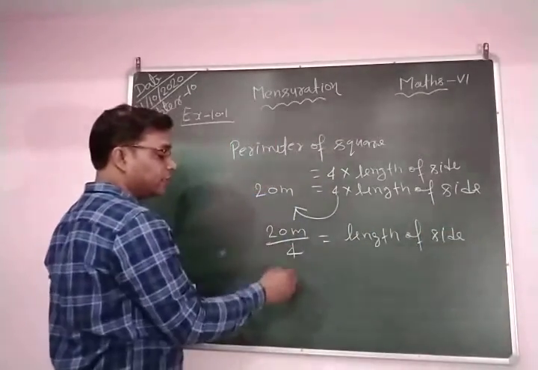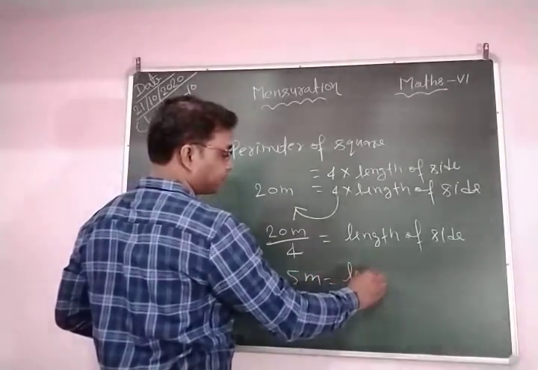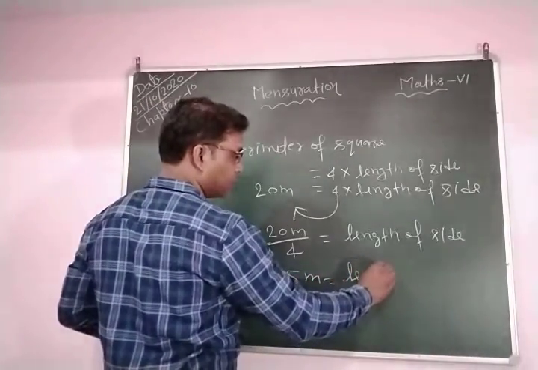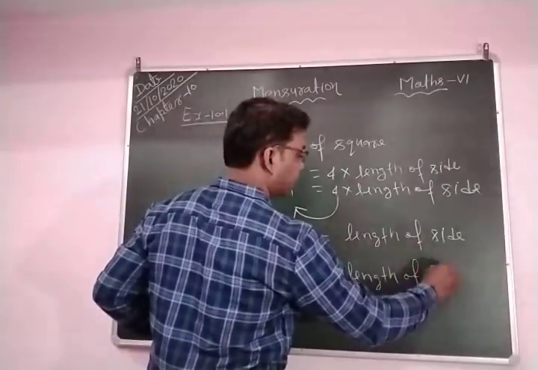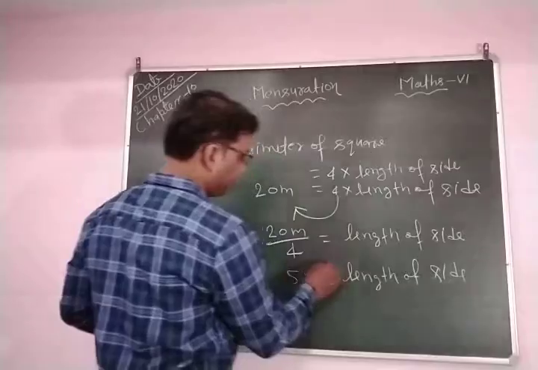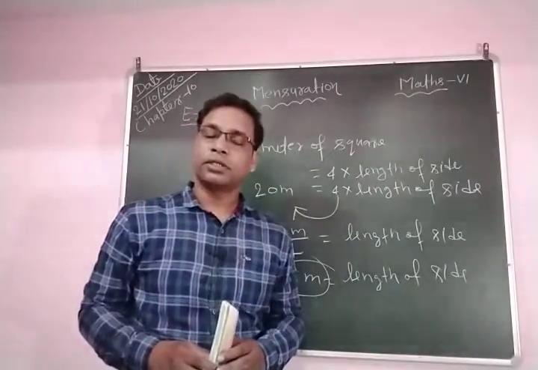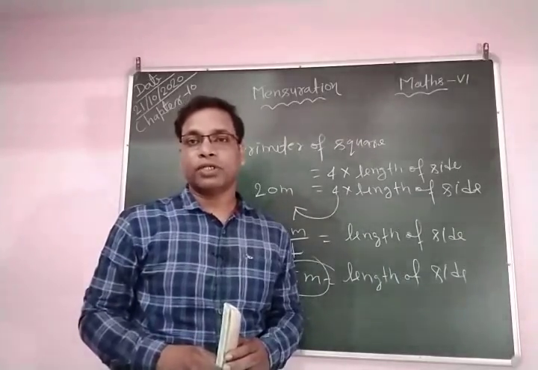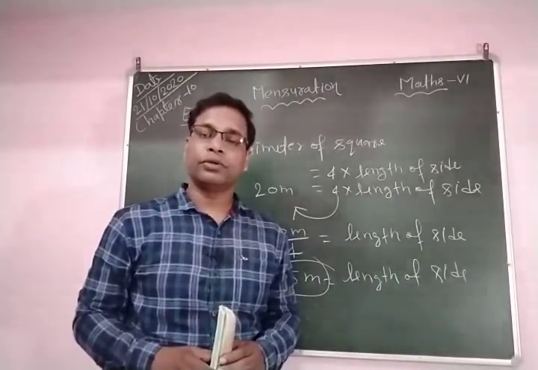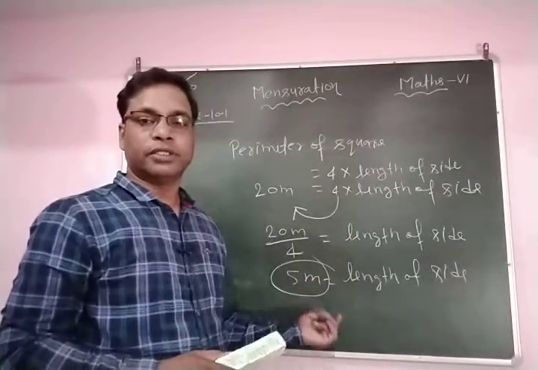If you divide it, then we get 5 meters. So 5 meters is the length of side whose perimeter is 20, because the perimeter of square is equal to 4 into length of side. So the side of the square is 5 meters.